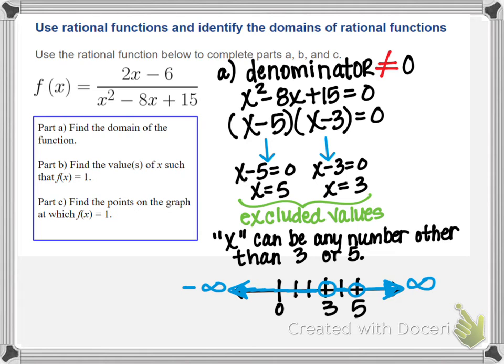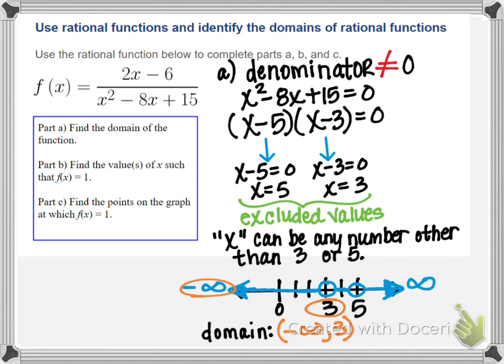So there are 3 sections of my graph that I have to include in my interval notation. I'm going to write my domain right now. The first section of my graph starts on the left at negative infinity, and it increases until the number 3. So the first part of the interval is from negative infinity to 3.